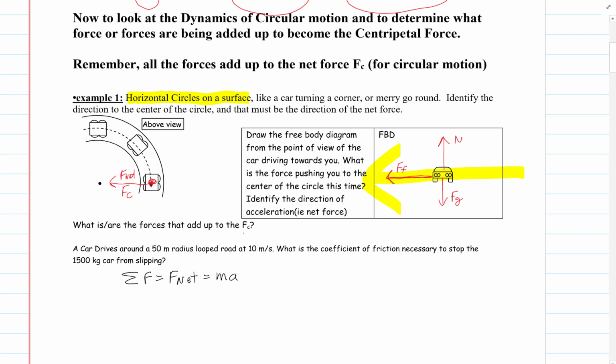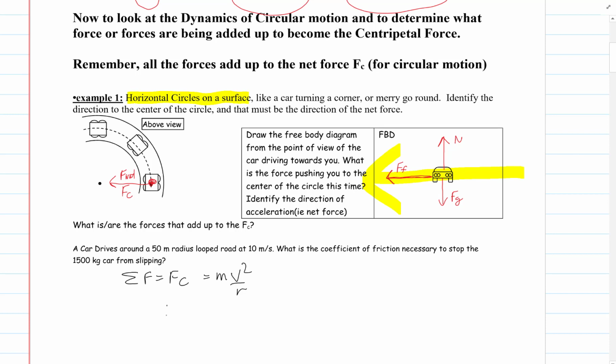Now, in this chapter, I'm going to be very tempted not to put F net anymore, but call it FC, because it's a centripetal force. And if you don't put MA, but you put mv squared over r, that's fine too. mv squared over r, because that's Newton's second law for circular motion.